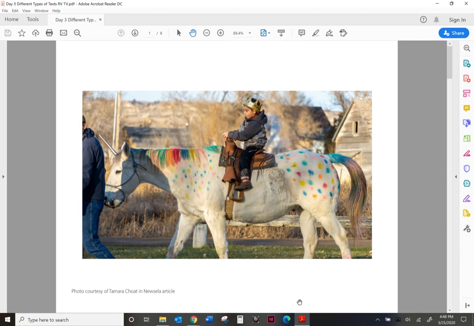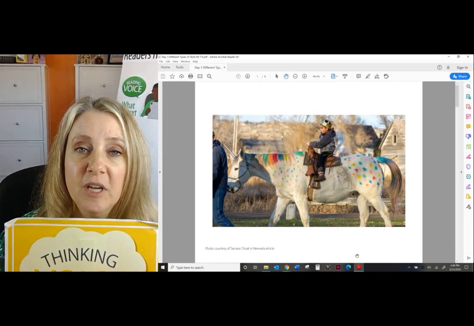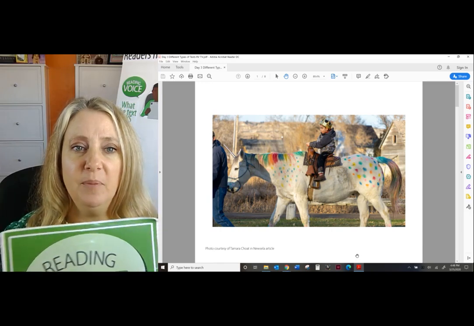And then as you zoom in and you study it closely, then you might even notice that there's a horn on this horse. And you might be thinking, they've turned that horse into a unicorn to make it something special. You see, that's the thinking voice, really trying to figure out what's going on with that picture.